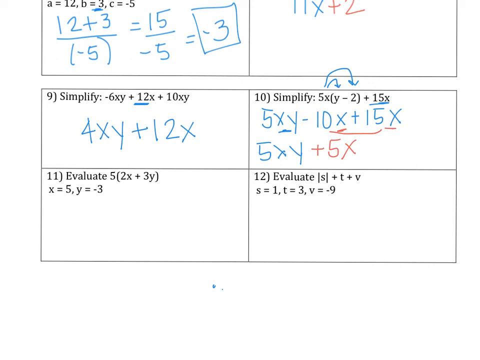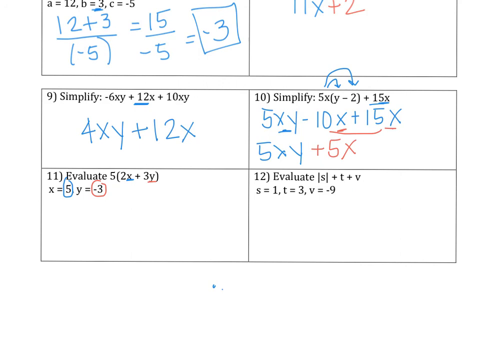Number 11. Again, evaluate. So I'm going to put in here for x, I'm going to put a 5, and for y, I'm going to put a negative 3.